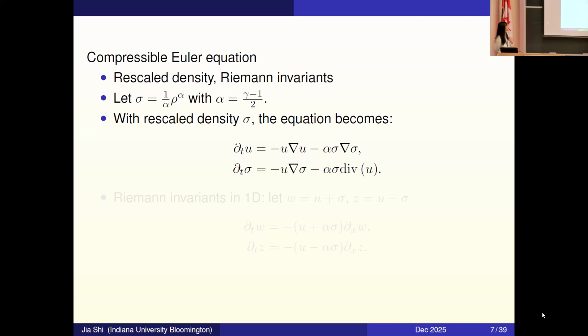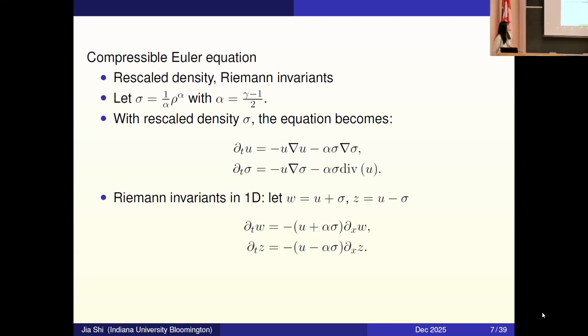All the terms on the right-hand side are quadratic terms plus one derivative. Then especially in 1D, we can use the Riemann invariants. Define w to be u plus sigma and z to be u minus sigma. Now these two equations decouple from each other in the sense that the highest order derivative only depends on itself, not on the other variable.